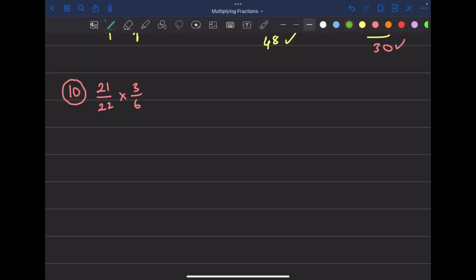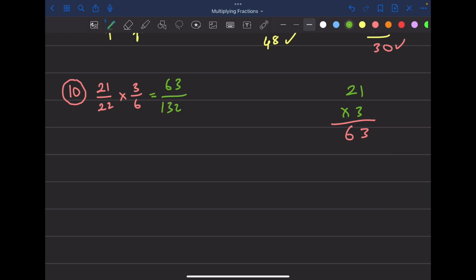So for the last question, all you have to do here is once again multiply the numerators and the denominators. So 21 times 3 is 63. We can do it on the side. 3 times 1 is 3, and then 3 times 2 is 6. And then 22 times 6, let's do that very quickly, but this would be 132.